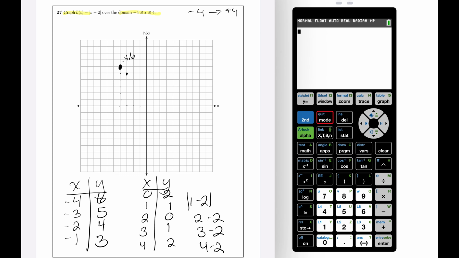And I know that my next one was going to be negative 3, 5, negative 2, 4, negative 1, 3, 0, 2, and then I would have my next one be 2, 0, and now my next ones are going to start jumping up.